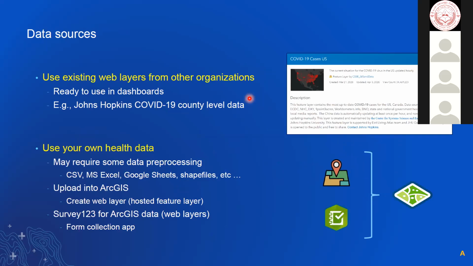We discussed the data sources. Here you can see different web layers in this Johns Hopkins COVID dashboard. There are different data sources. Some data sets are coming from automated mechanisms.